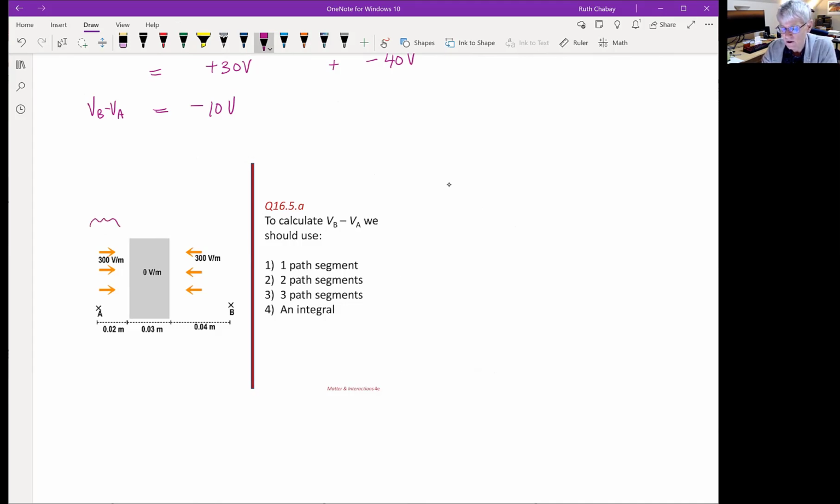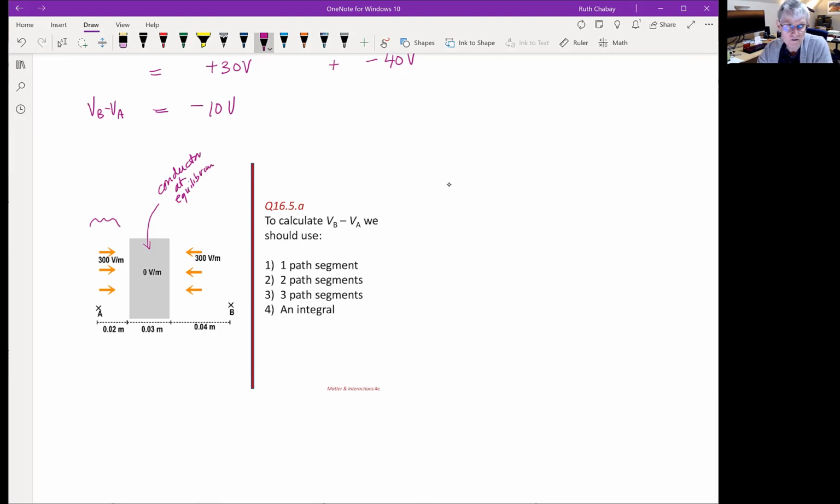Then we have a region in the middle where the electric field looks like E is 0. And in fact, since it's shaded, it looks like there might be a piece of metal here, some sort of conductor at equilibrium.